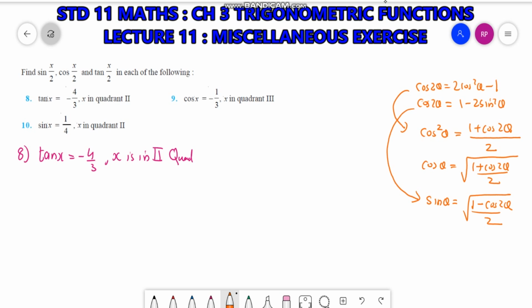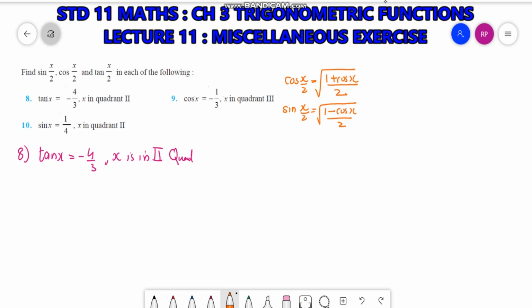So here cos x by 2 equals square root of (1 plus cos x) by 2, since the angle is double, and sin x by 2 equals square root of (1 minus cos x) by 2. If I'm able to find cos x, I will be able to find cos x by 2, sin x by 2, and taking their ratio, tan x by 2. Okay, clear?